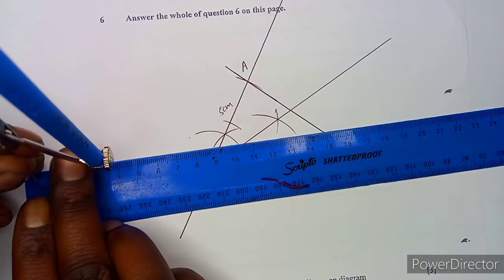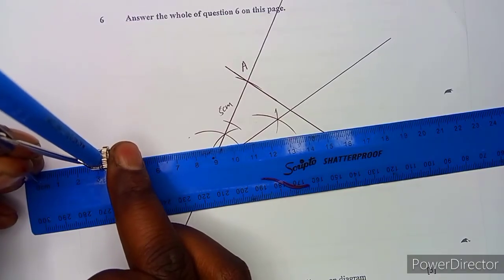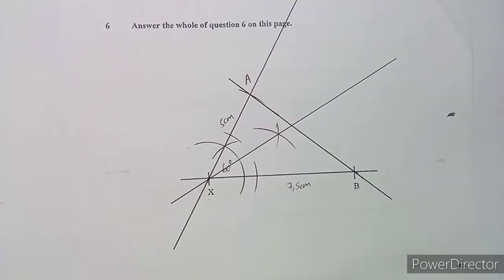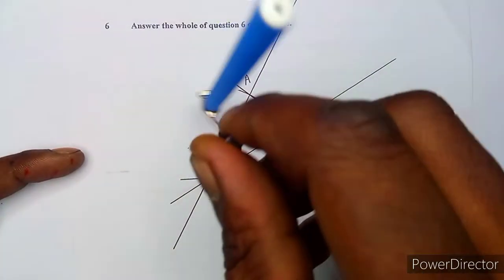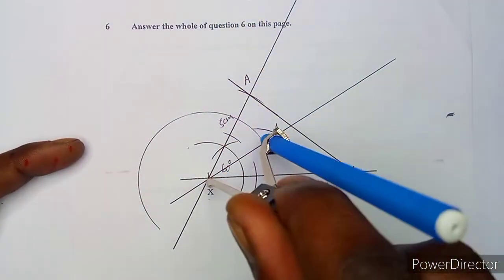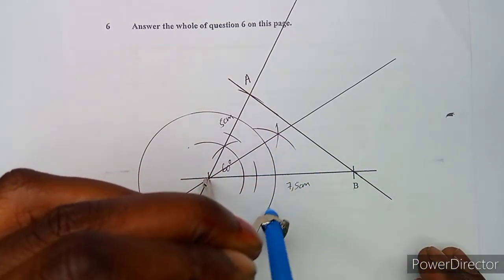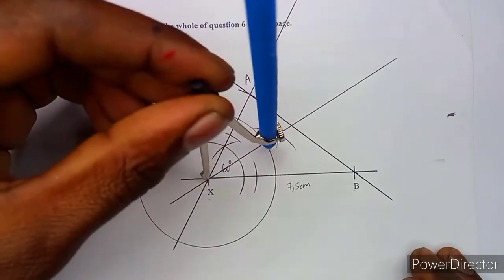With that distance of 3,5, you draw a circle. With this distance, I'm going to mark at point X here, and we draw a circle. So now we've got something of this nature.